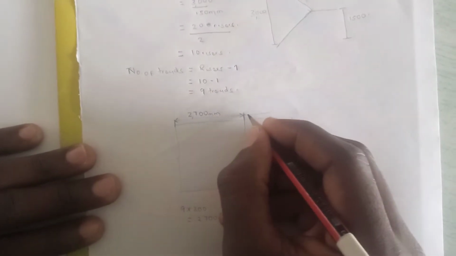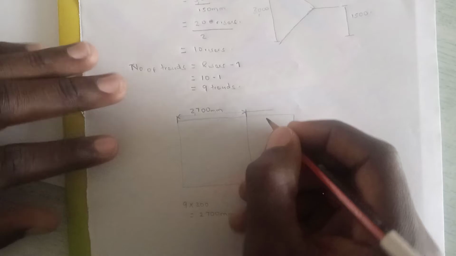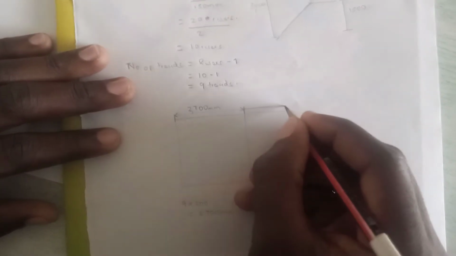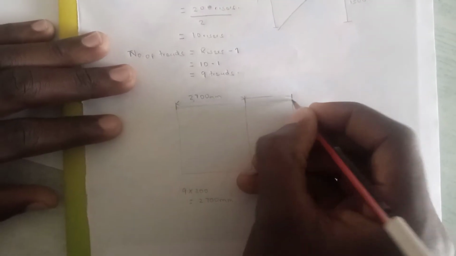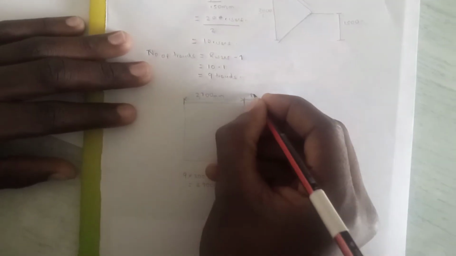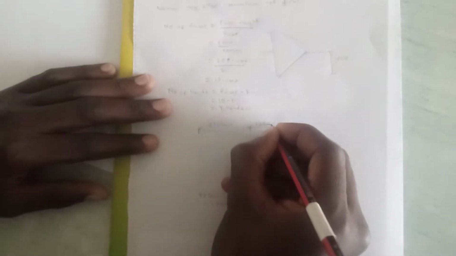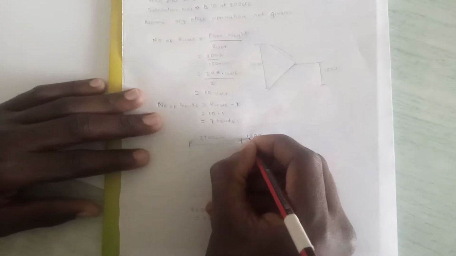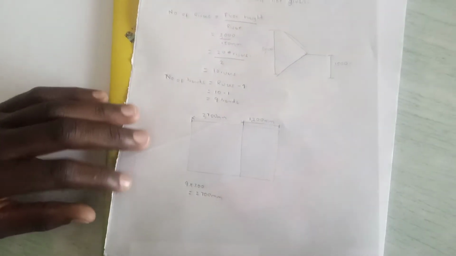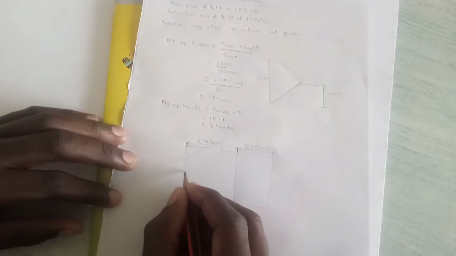Then for the length on this side, we are told that the landing is 1200 millimeters. So this length here is 1200 millimeters. Okay, so this is technically where we are going to start from. So basically you are just going to draw your staircase simply like this.